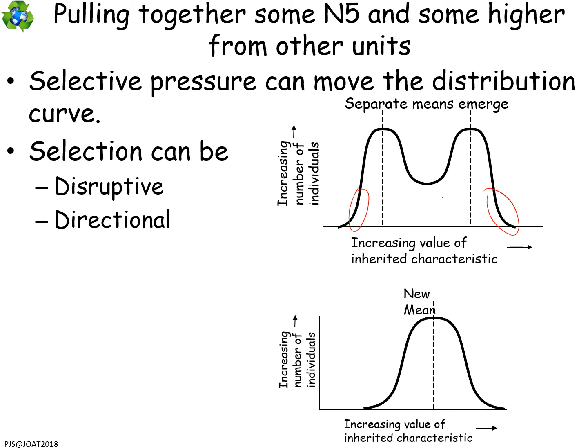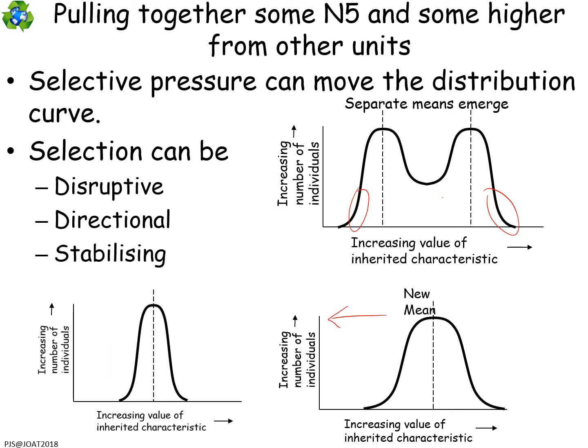In this case, this would be directional pressure for an increasing value, but you could also have directional pressure shifting it the other way. Then we have stabilizing pressure, where we get rid of the outside edges of this. So we're very much selecting for the central point here, and that means we're getting this moving in on either side.